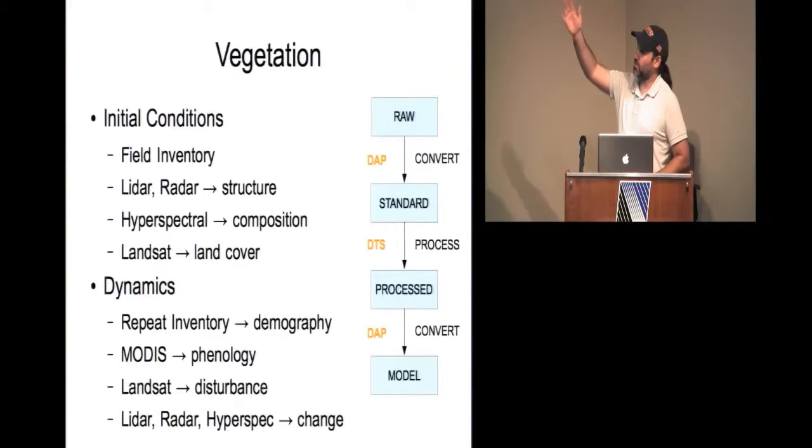So this is showing some of the types of data we want to ingest and what we learn from them. Different types of remote sensing, like LiDAR and radar, tell us about structure, the hyperspectral about composition, Landsat tells us about land cover, and then repeat measurements tell us about the demography, phenology, disturbance, and general change.